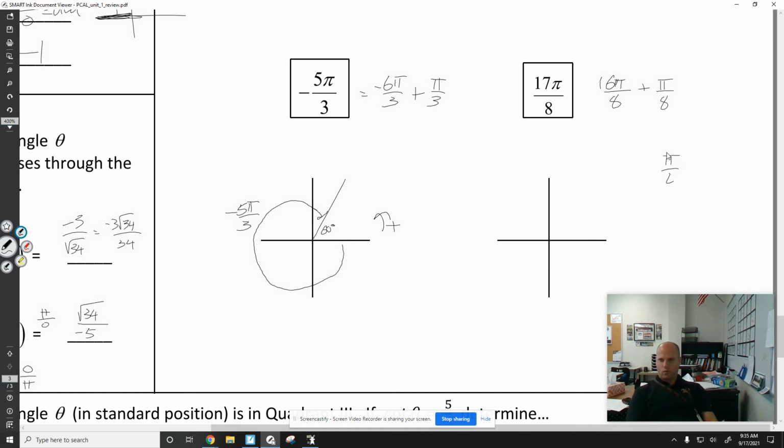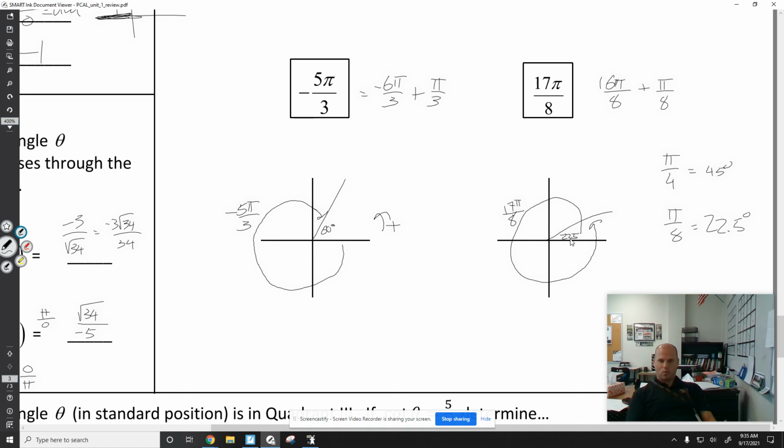So if pi over 4 is 45 degrees, divide that by 2, pi over 8 becomes 22.5 degrees. I can figure this out without a calculator. I want to go around my circle and then add 22.5 degrees. So go around 360 degrees, add 22.5 more degrees, and this is the location of 17 pi over 8.